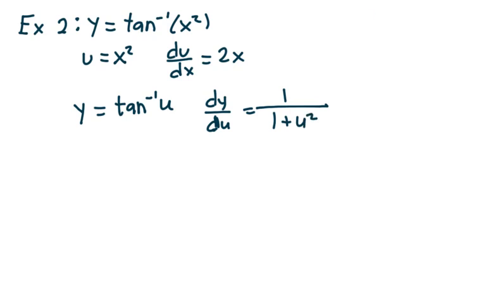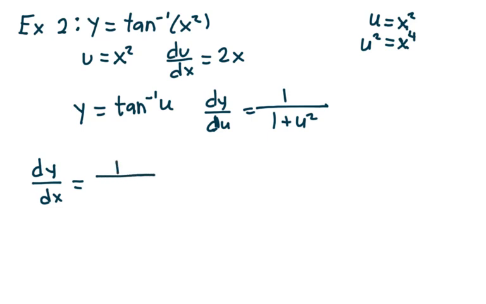Now, one thing to keep note of, u is x squared, right? So if I square both sides, u squared is x raised to the 4th power. So dy dx is dy du, which is 1 over 1 plus u squared, times du dx, which is 2x.